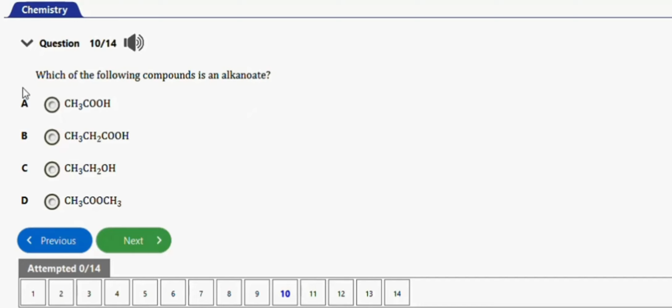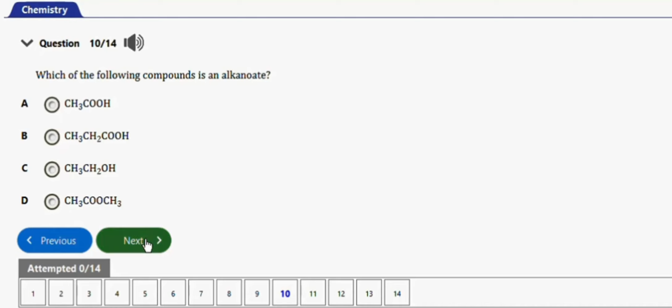Option A is our ethanoic acid, so it can't be it. Option B is not it either. We are looking for an alkanoate, and option C has a carboxylic acid group. This one has no OH group, so the right answer is option D. If you want to name this, it will be methyl ethanoate. That's the right answer to this question.